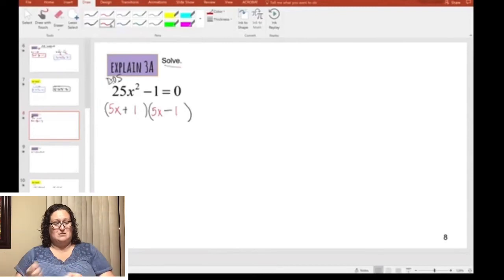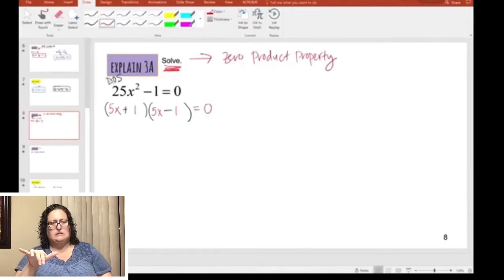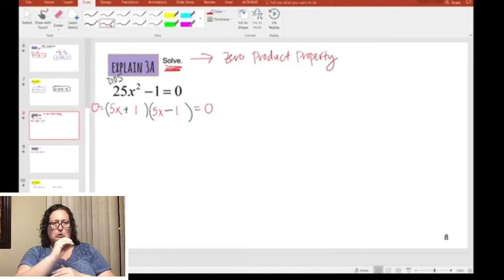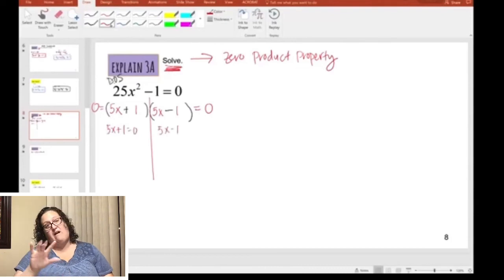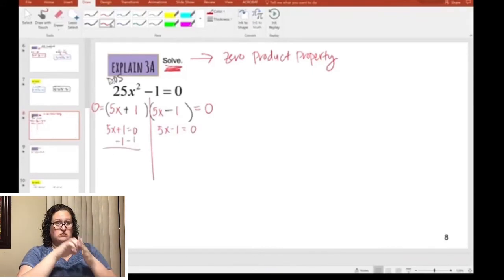And for this problem, we're asked to solve, which means that we are going to have to use the zero product property. So set each factor equal to 0. We have 5x plus 1 equals 0. And 5x minus 1 equals 0. Okay, class, let's solve. In the first equation, we want to subtract 1 from both sides.